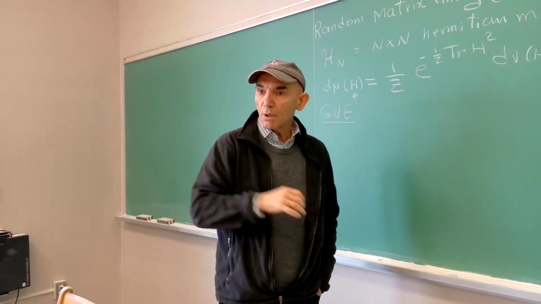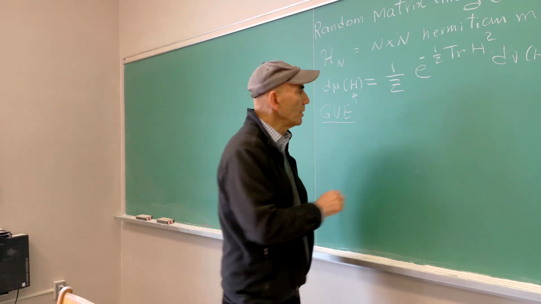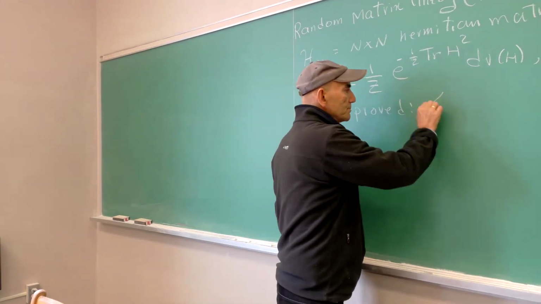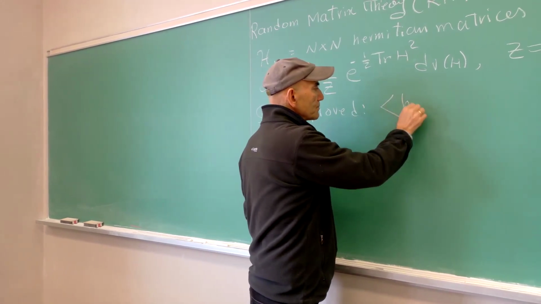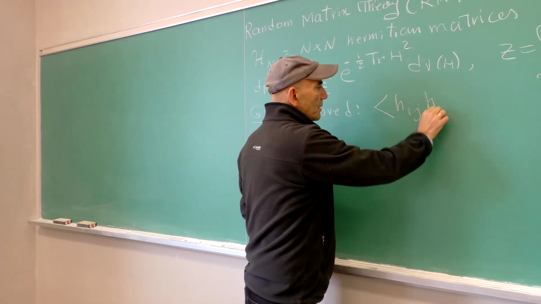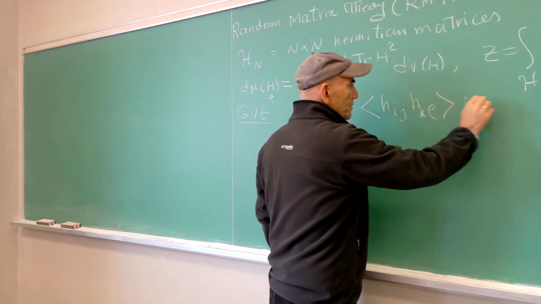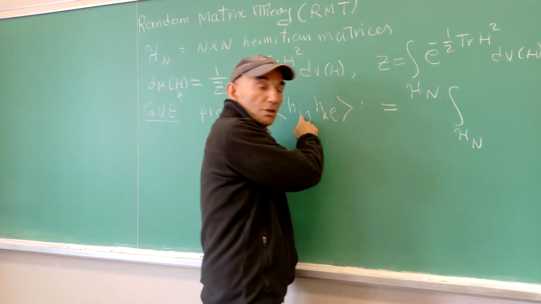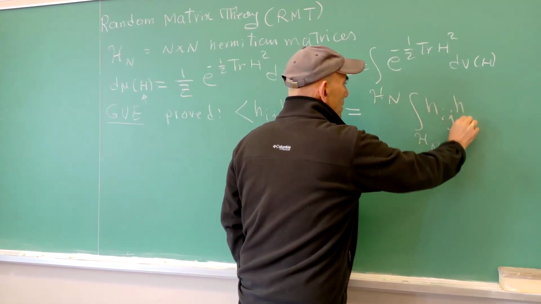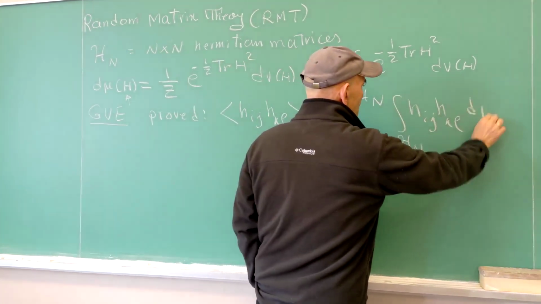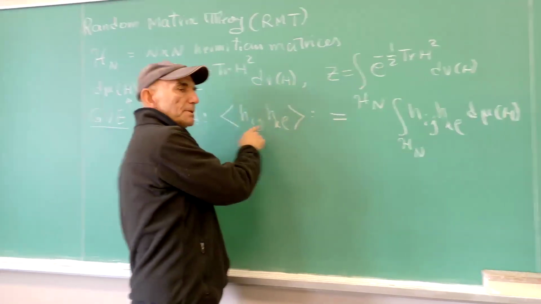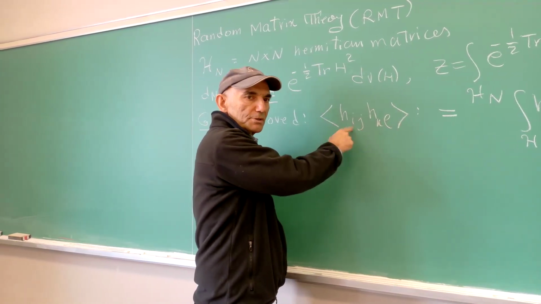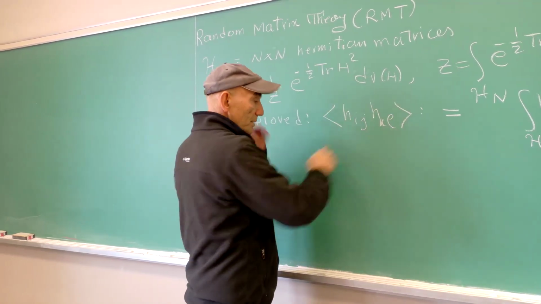Okay, so we also computed some fundamental correlations, proved last lecture that the expectation value of H_ij H_kl, which is by definition the integral over Hn of the function H_ij H_kl dμ of H. This is just the expectation value of this function, so we can see these as random variables, and this is the moment of these two random variables.